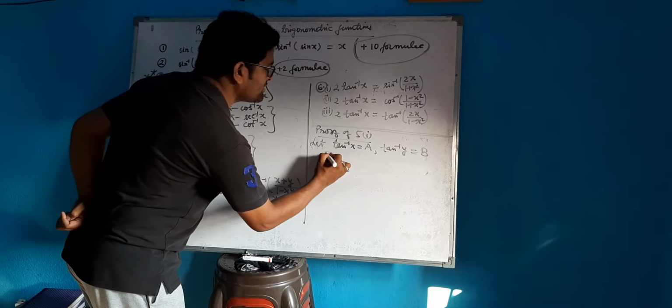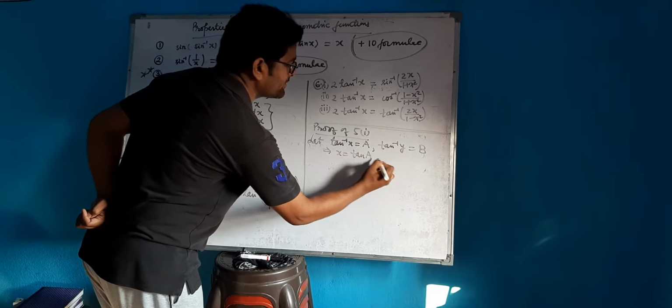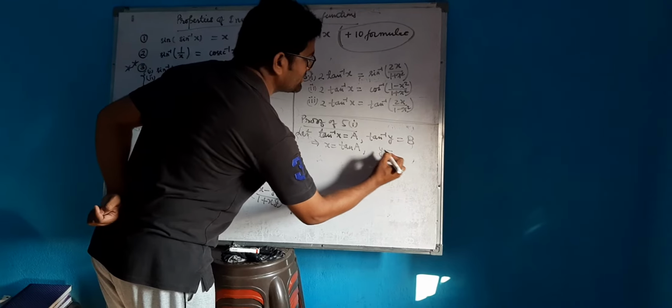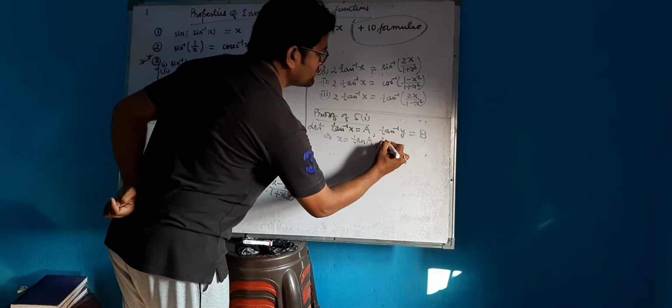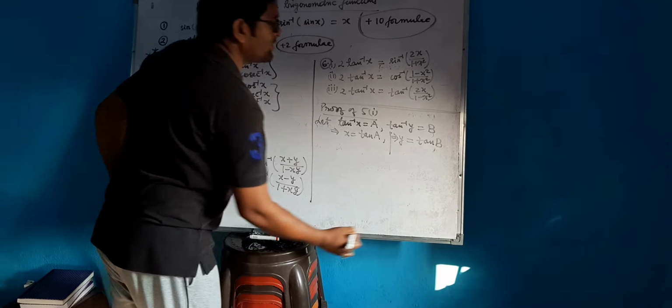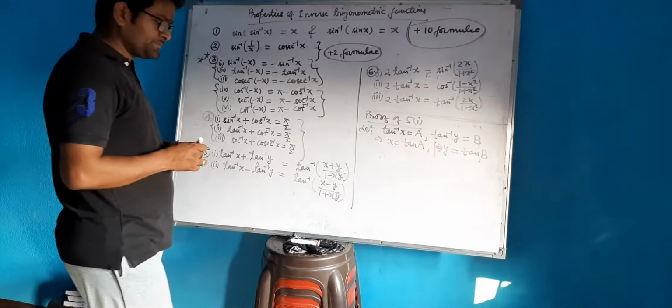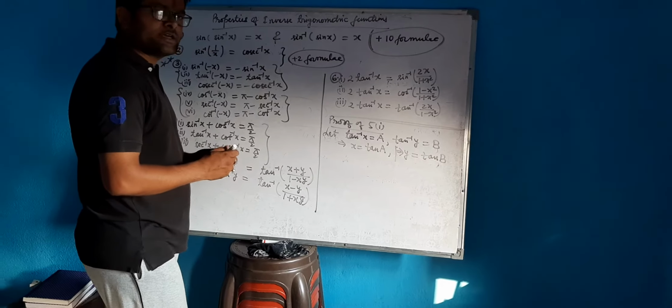By definition of inverse, I can write x is equal to tan a and y is equal to tan b. Now I can proceed further with them.